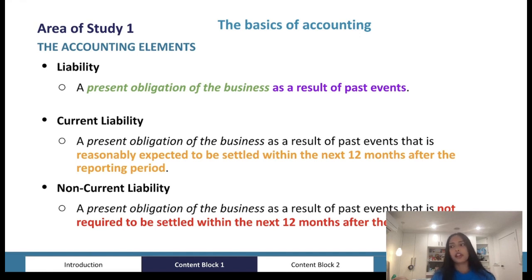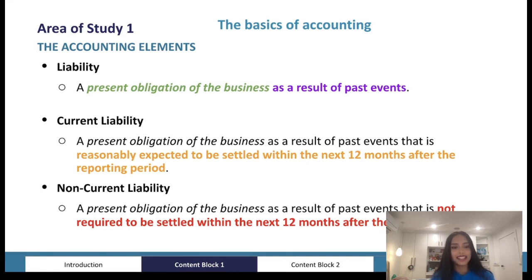So for example, if you have a 3-year loan, obviously part of that 3-year loan will not be required to be settled within the next 12 months after the reporting period. But say that the business has a really successful period, a successful 3 months, and they have a bunch of extra cash lying around, and so they decide to pay off the loan early.